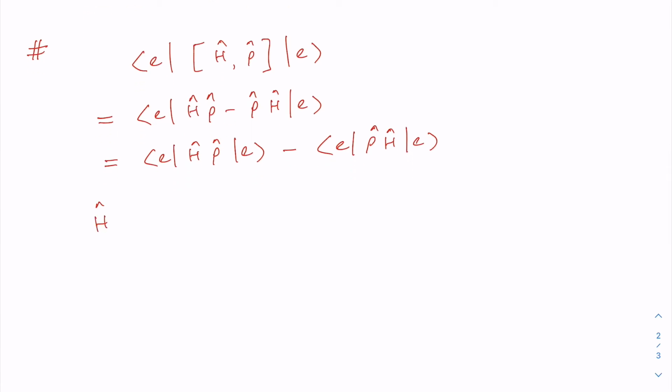Okay, you know that H|e⟩ is equal to, the Hamiltonian is ħω_atom/2 σ_z |e⟩.